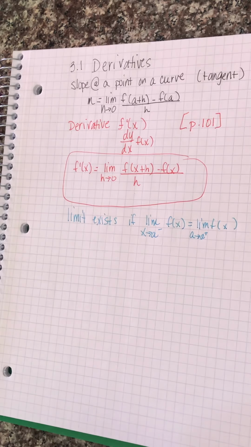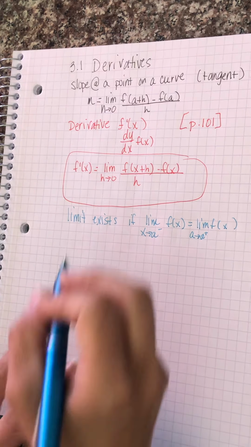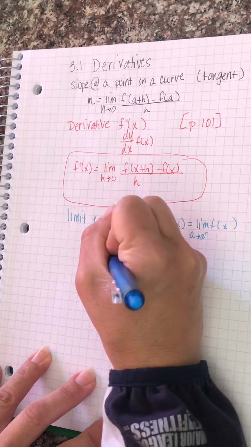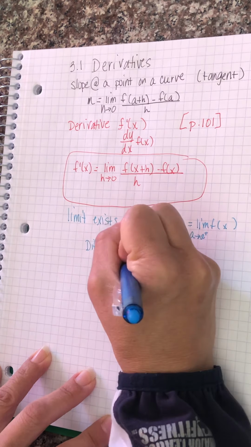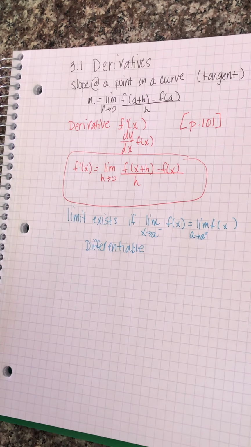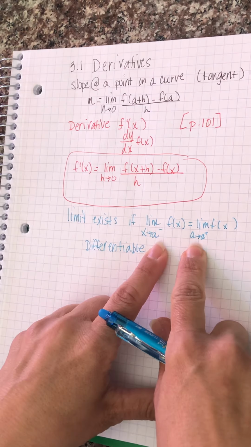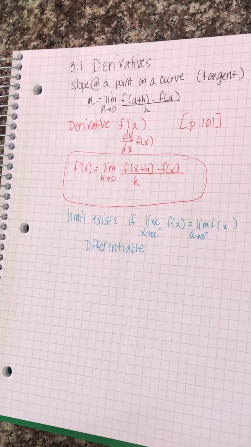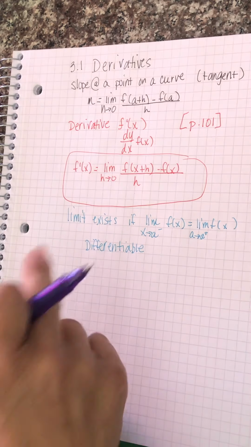And this is where we say the derivative exists, also known as differentiable. You can find the slope of the tangent line as long as this is true. Okay, you can find the slope of a tangent line at a specific point, obviously.